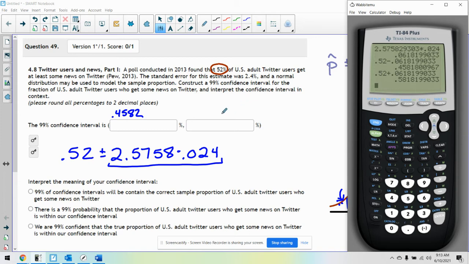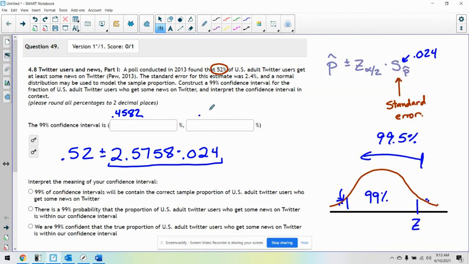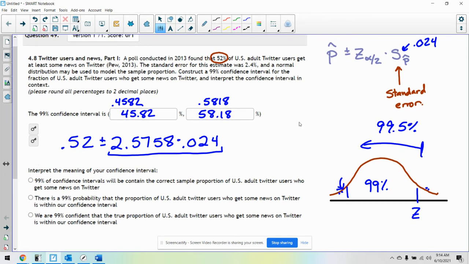And I get 0.5818. Okay, it wants it written as percentages. I see these little percent signs. That's very subtle. So I guess we'll write 45.82% and 58.18%.